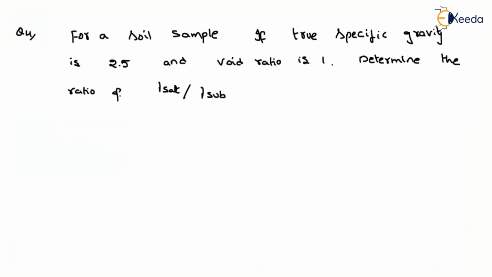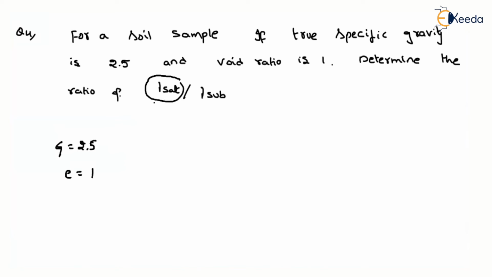Okay, let's read the question. What they've given: for a soil sample, the true specific gravity is 2.5 and the void ratio is 1, and determine the ratio of these two. Here you can observe that specific gravity is given as 2.5 and void ratio is equal to 1, then they are asking about the ratio of these two, right?